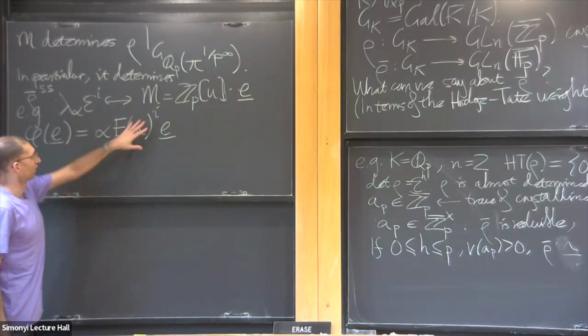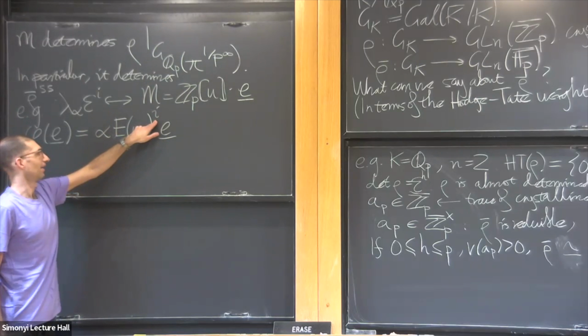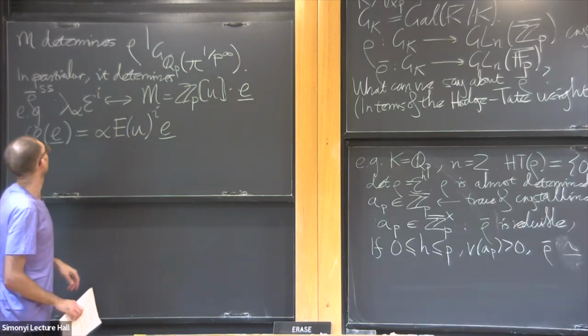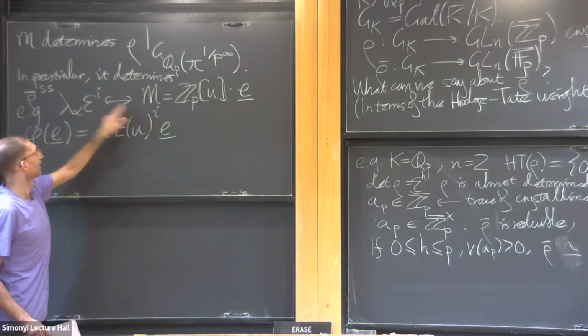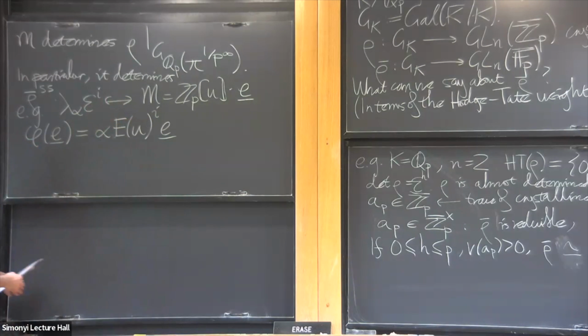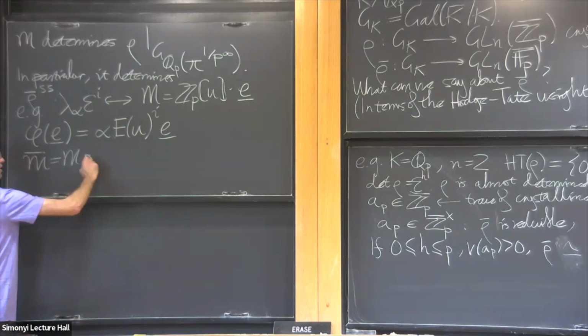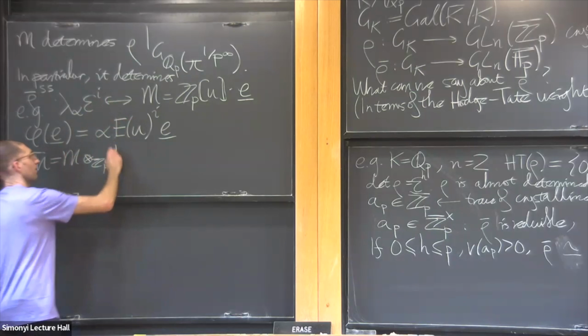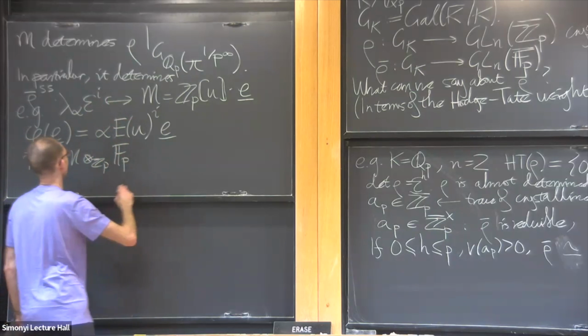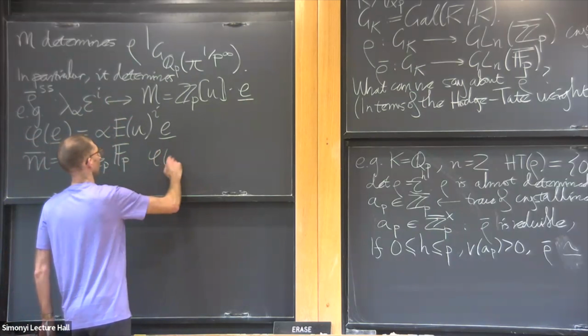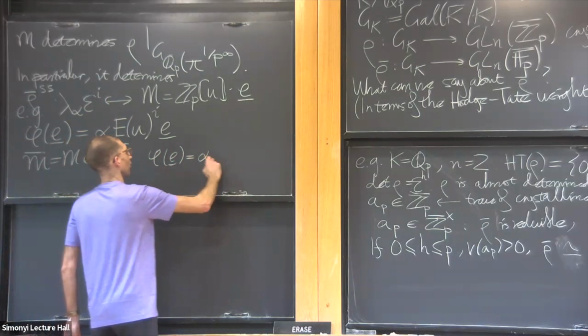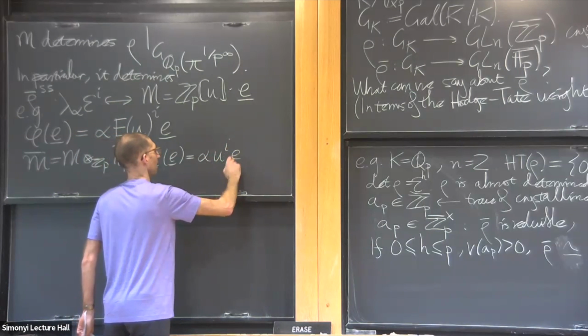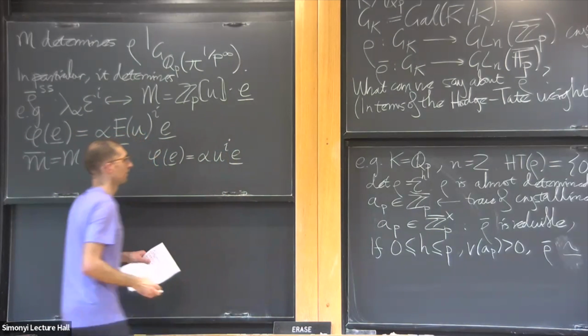So in particular, you can see it's got a very simple shape, with an integer i. Just stick with i as I've written on the board. I'm going to write M bar for the reduction mod p. So this is given by phi of e is alpha u to the i e.